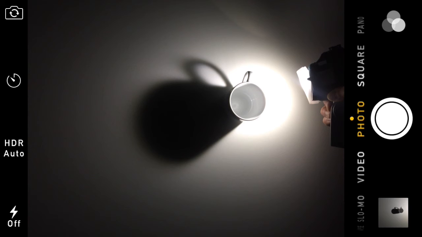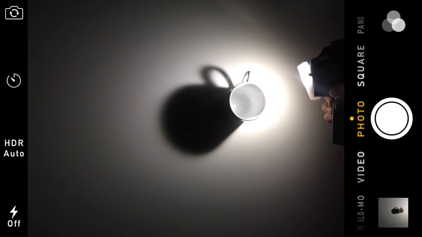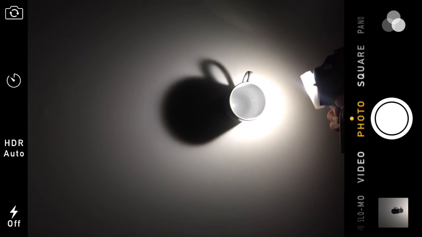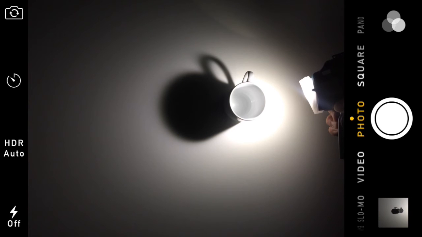So as we expected, the closer the light gets and the bigger the light gets relative to the teacup, the softer the shadow becomes. Take a look way over here on the left-hand side, and you'll see that the shadow has a very gradual transition from dark to light.